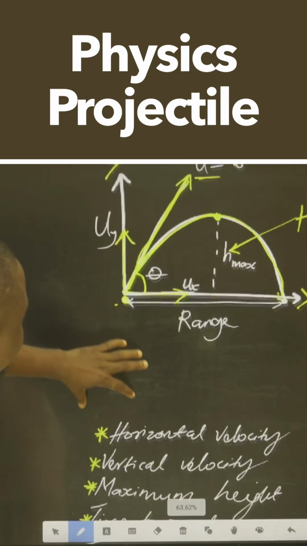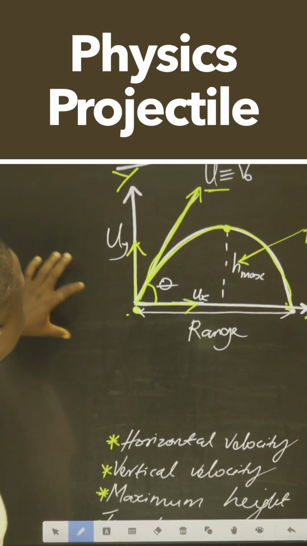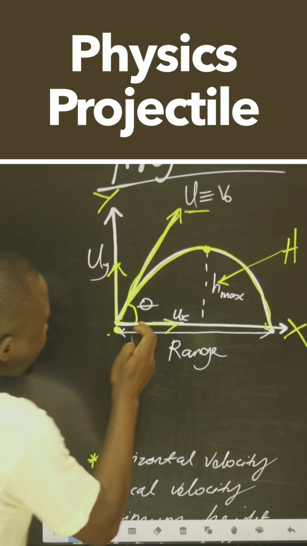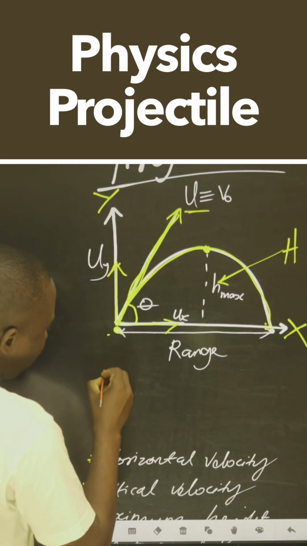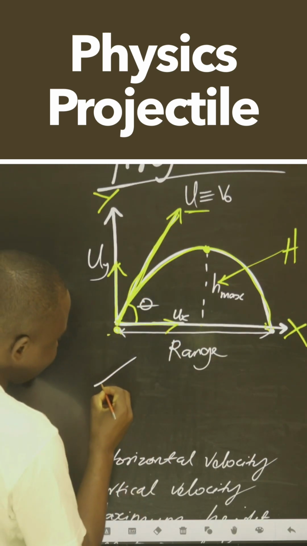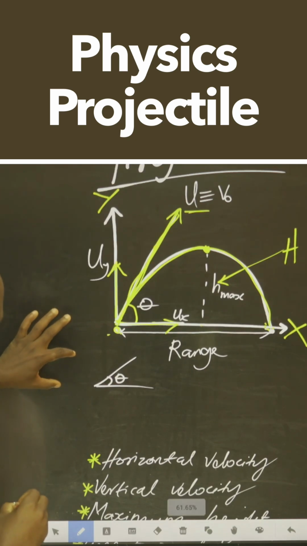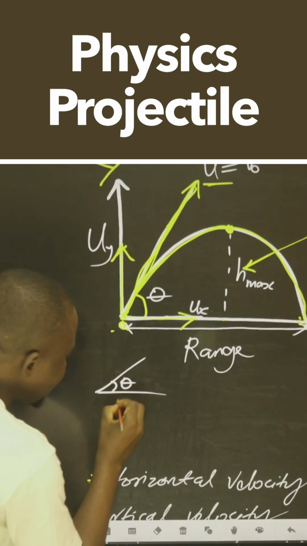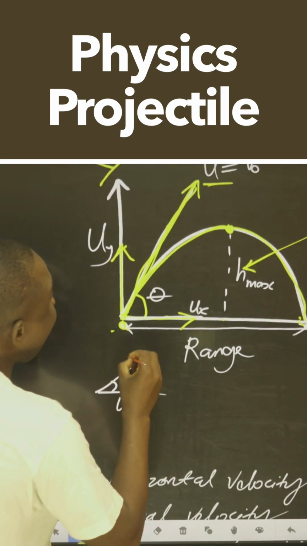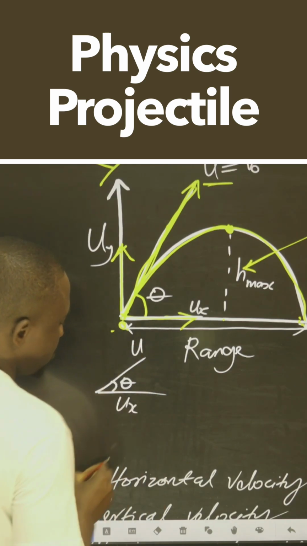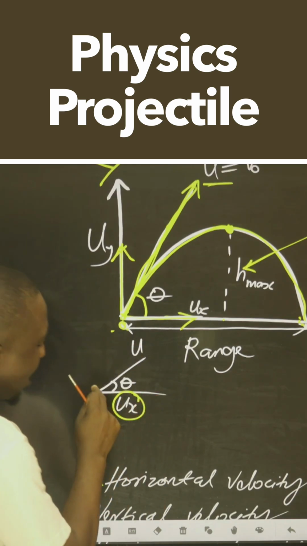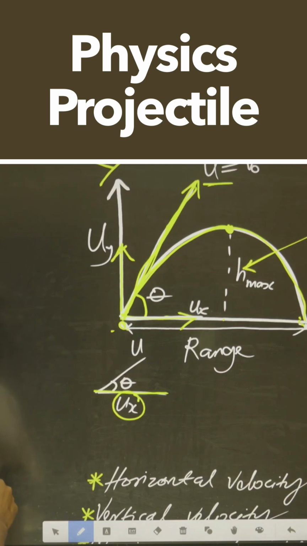For this horizontal velocity, you will agree with me if I take theta, this is the UX, theta, and this is the U. To get this UX, this is the adjacent, and this is the hypotenuse.